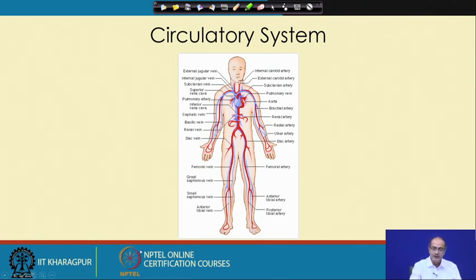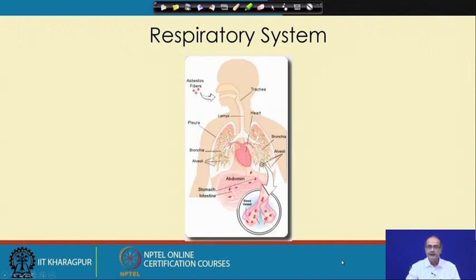Now, next we will look at the respiratory system. It is another important system.